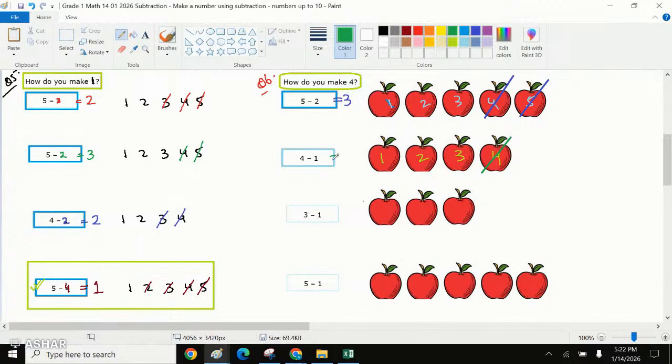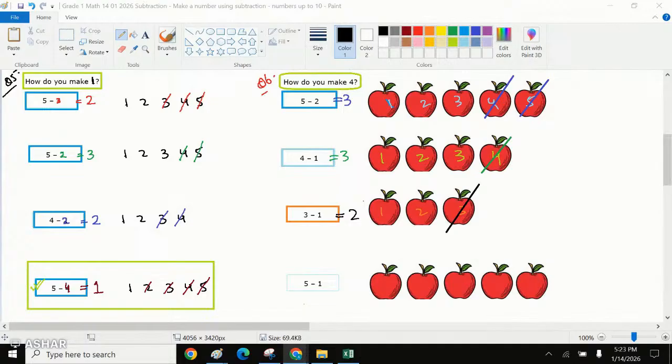We will be left with 3 again. So 3 minus 1 would be 2.